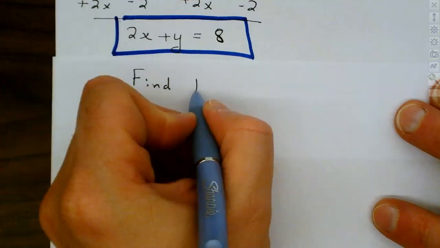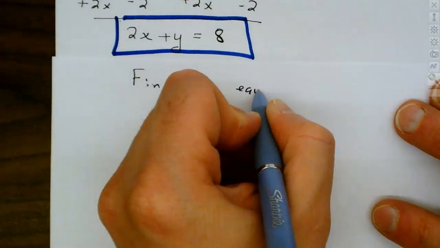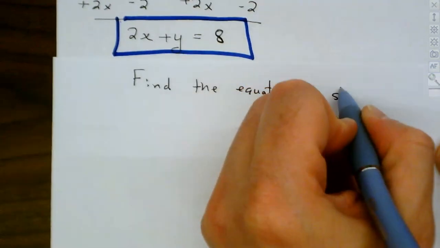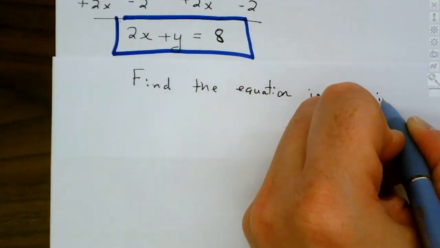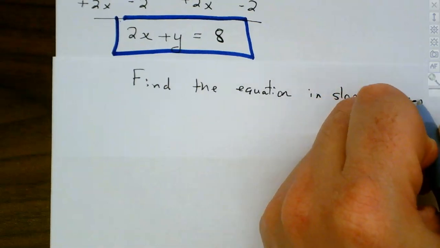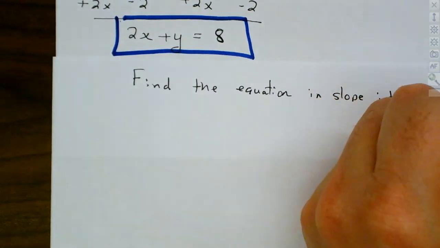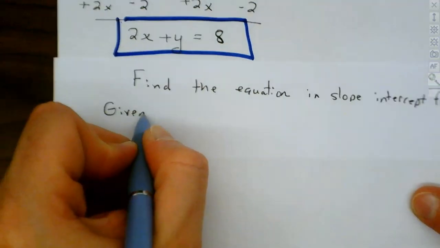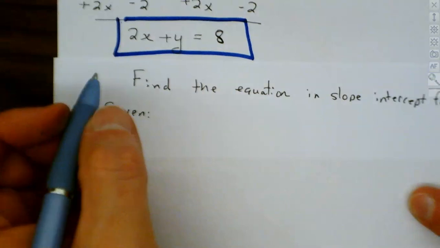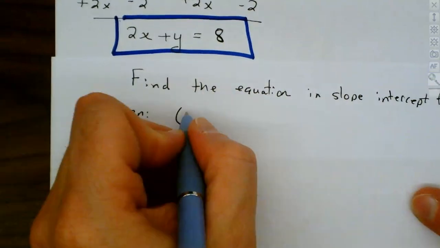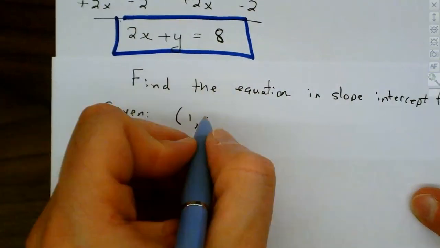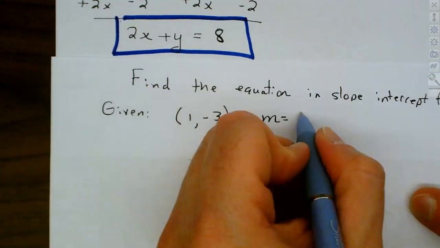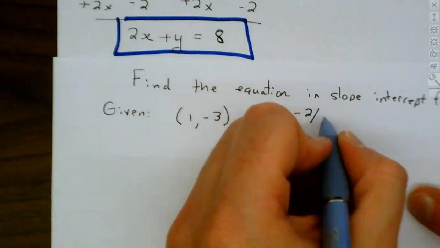So we want to find the equation in slope-intercept form. And let's say you're given a point and a slope again. So how about you're given the point 1, negative 3, and a slope of minus 2/3.